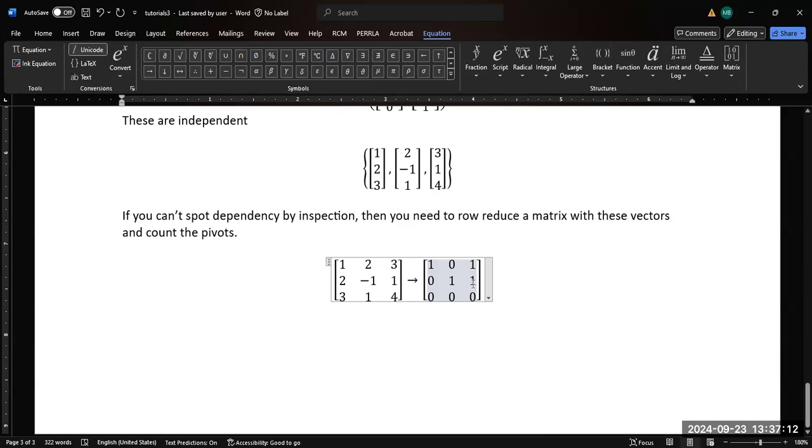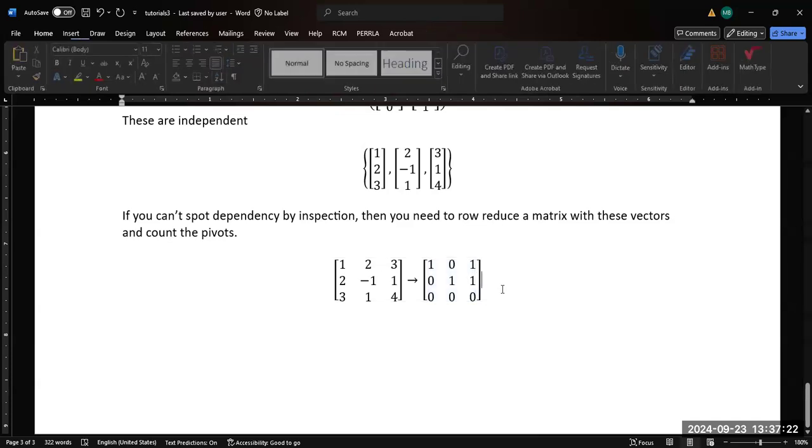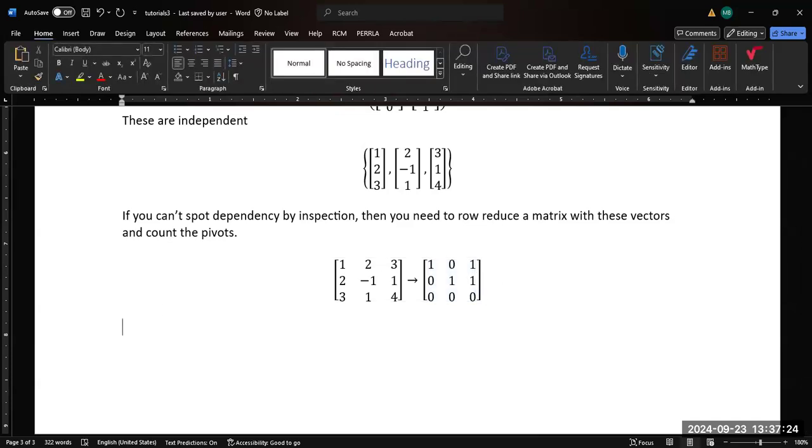One copy of the first vector plus one copy of the second vector produces this third vector, and there's no deviation from that. So again, sometimes you can spot dependency, but you can never be completely sure that it's independent unless you do the row reducing and count the number of pivots.